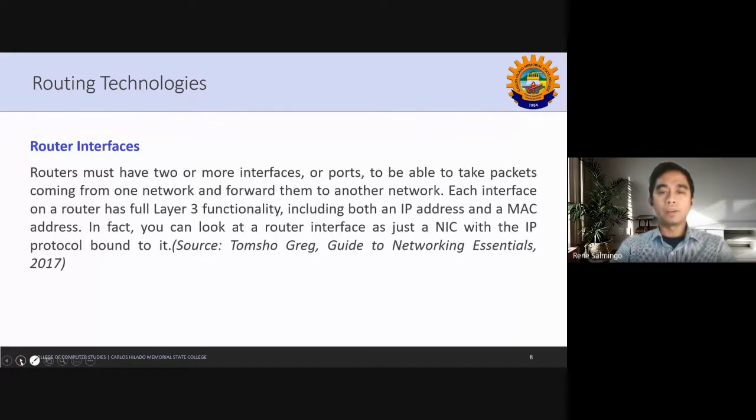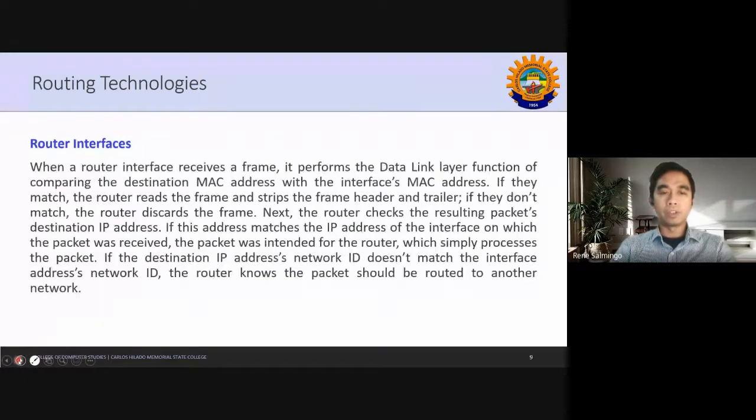A router interface allows it to receive a frame. It forms the data link layer, comparing the destination physical address with the interface's MAC address. If they match, the router reads the frame and strips the frame header and trailer. If they don't match, the router discards the frame.